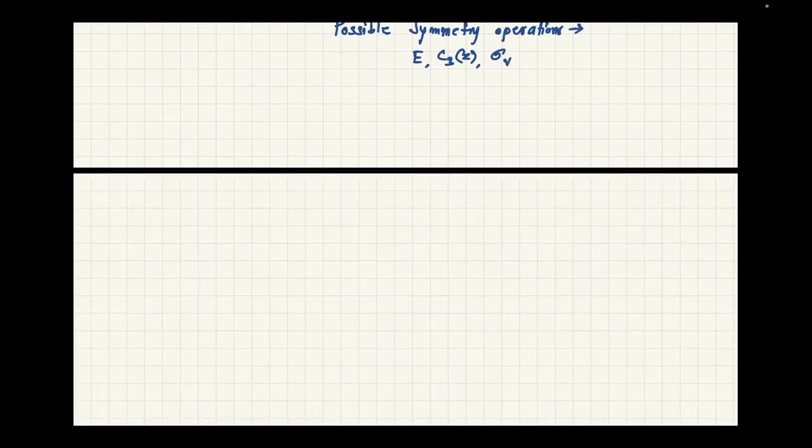Now the character table will be E, 2 C3z and 3 sigma v. First one will be the totally symmetric representation, A1. Then the second one will be 1 1 minus 1, A2, and the third one will be 2 minus 1 0. It is the E representation.